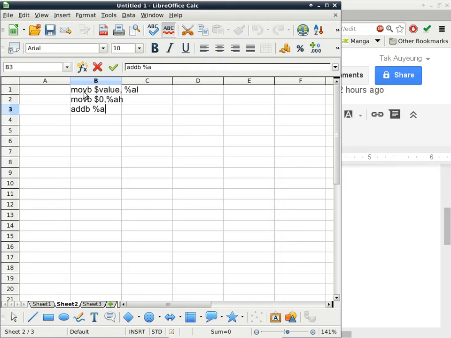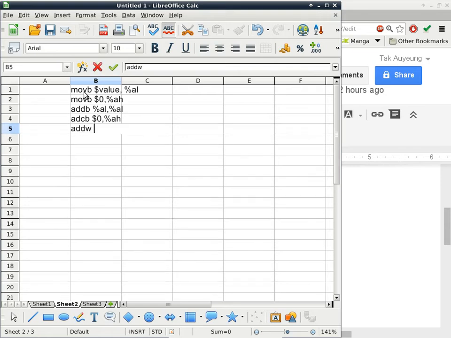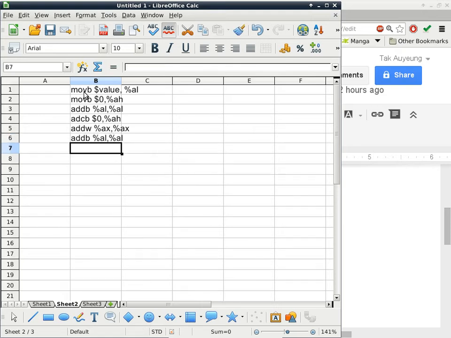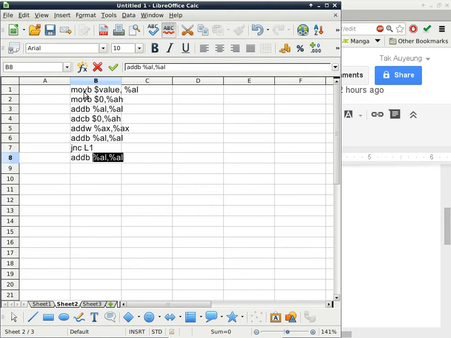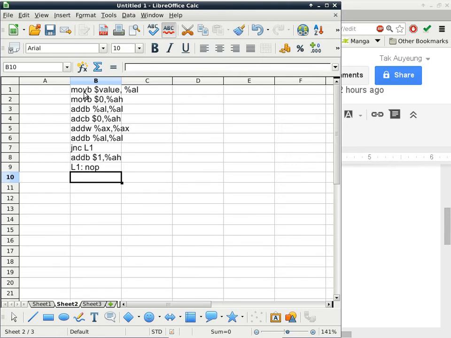Add byte AL, add CB, add with carry 0 to AH, add word AX to AX, and then we have add byte again, AL to AL, JNC jump if not carry to L1, add byte $1 to AH, and then L1 is no op. Okay, so those are the instructions.